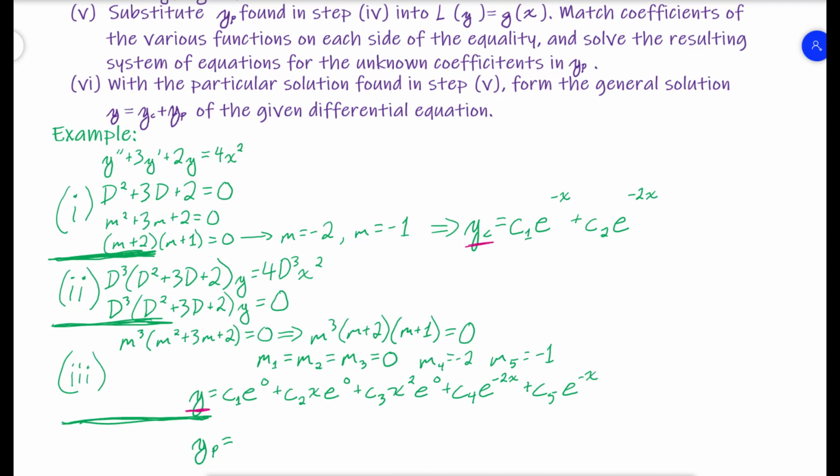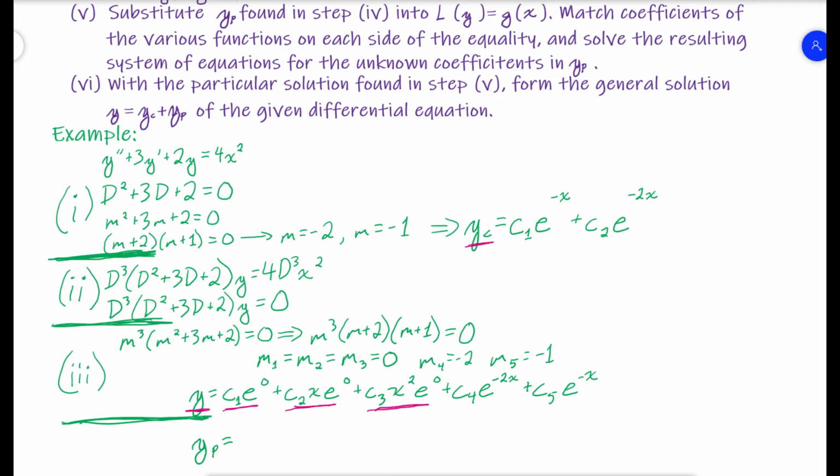So y sub c from step 1 does not have a c1 e to the 0. It does not have a c2 x e to the 0. It does not have a c3 x squared e to the 0. It does have a constant times e to the negative 2x, and it does have a constant times e to the negative x, so I'll leave those two terms out.